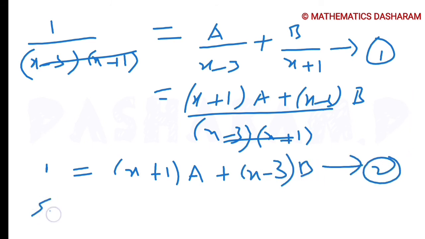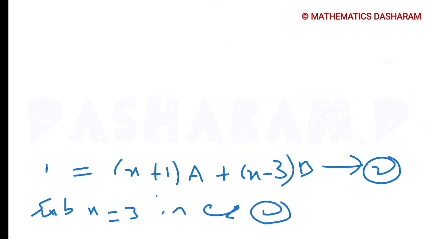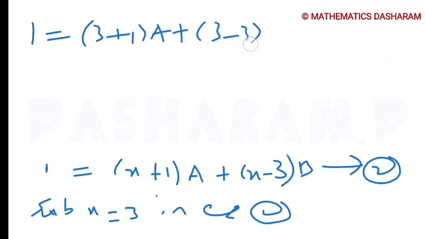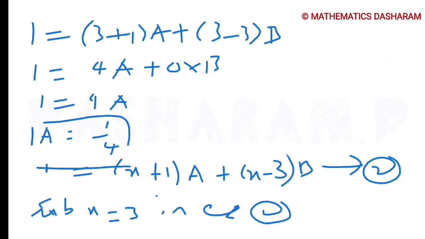So now substitute x equals 3 in equation 2 to get the a value. So 1 equals (3 + 1) into a plus (3 - 3) into b. So the a value is 1 by 4.